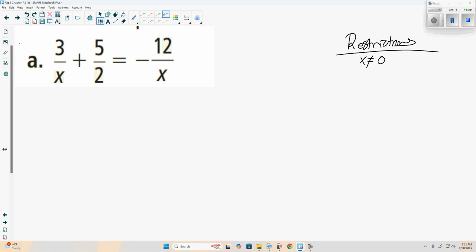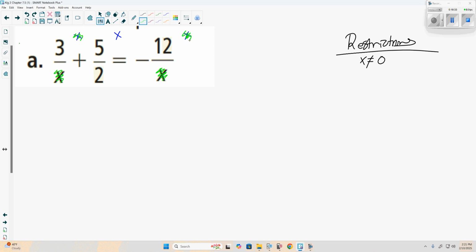Now we need to multiply through to get rid of these fractions. Well, what can we multiply through by? x. We can start there. In the first one, the x and x are going to cancel. Nothing in the middle one, and then the other one, the x and x.